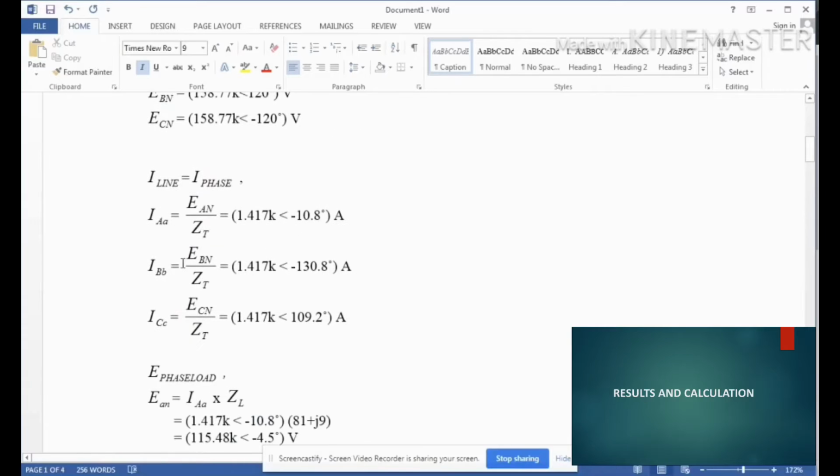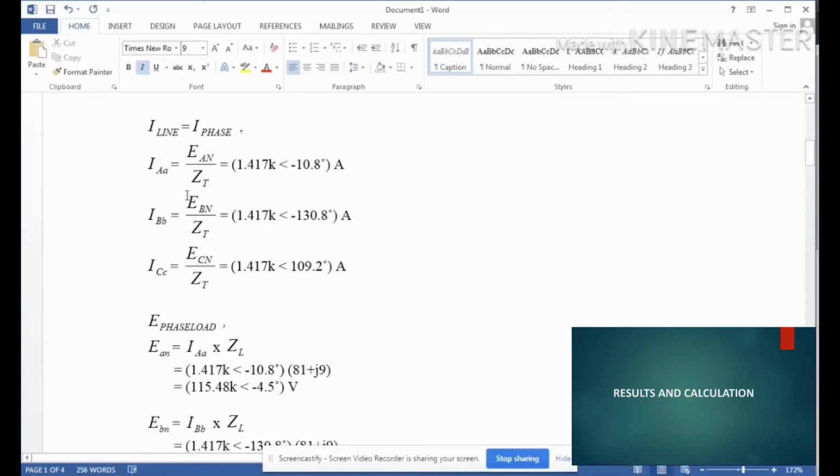For Y connection, line current and phase current are equal. So if we calculate the line current, we simply get the phase current. For IAA, which is EAN over Z total, the value is 1.417 kiloampere with negative 10.8 degree.